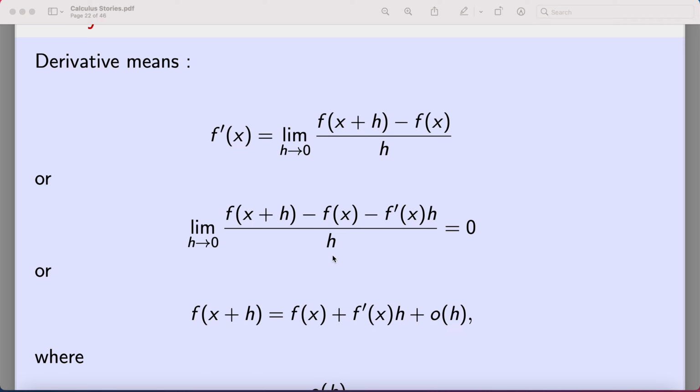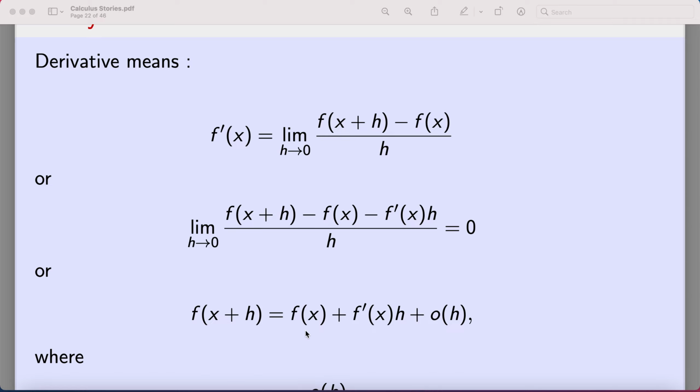So when h is going to 0, this ratio is going to 0, which means the numerator must be going towards 0 much faster than the denominator. When such a thing happens, the numerator is called the small o of the denominator. That is, this whole thing is called the small o of h. So then f of x plus h is obviously f of x plus f dash x times h plus o of h. That is, this whole thing is equal to small o of h.